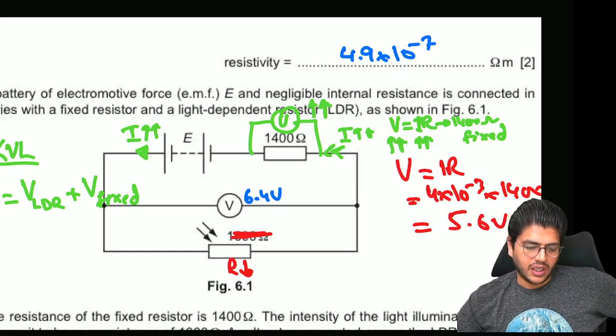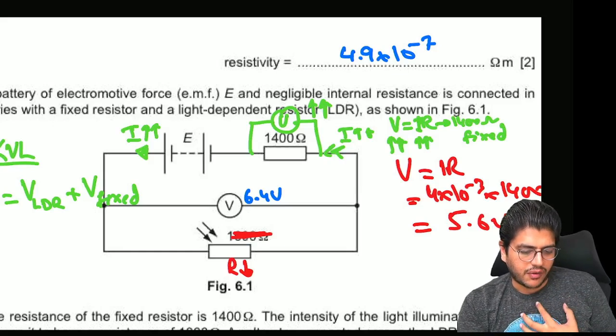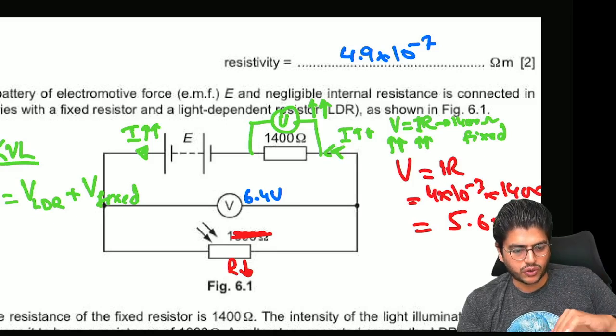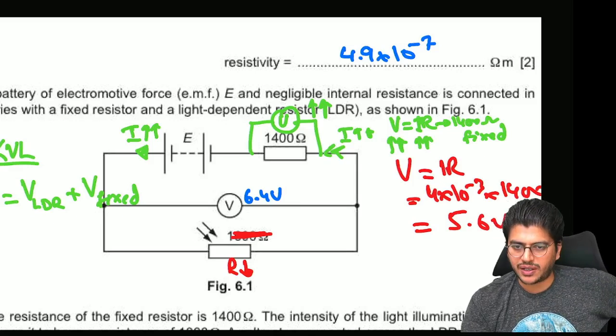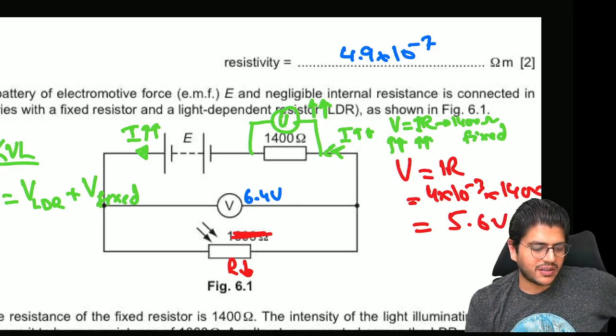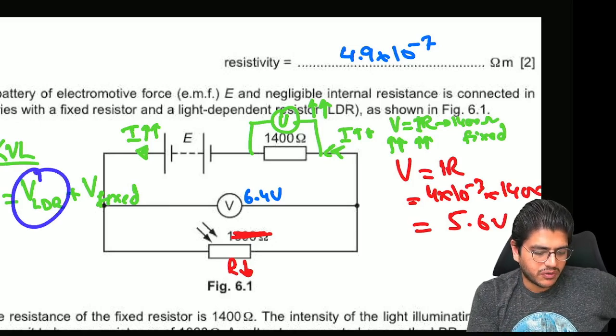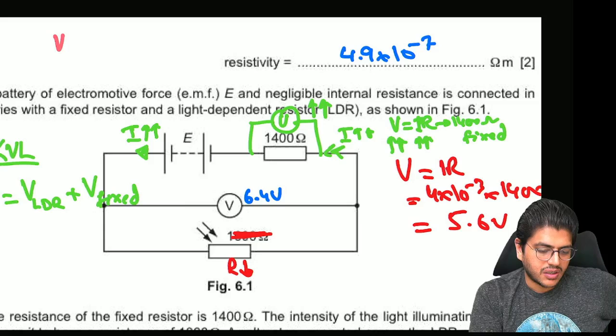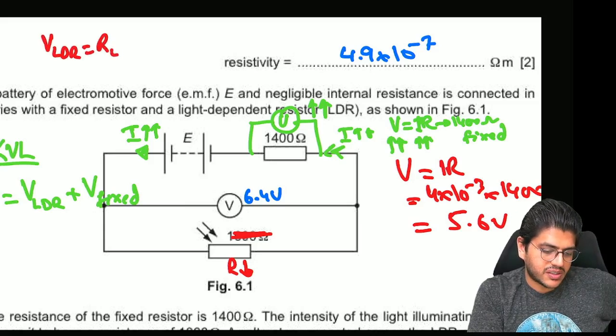Understand this point. For the LDR, I've got the experience, so I knew that the voltage across the LDR would drop. But if you're doing it for the first time, I would recommend that you don't do it directly, because you can't directly conclude about the voltage of the LDR. Why? Because the voltage of the LDR depends on the resistance of the LDR and the current in the LDR.